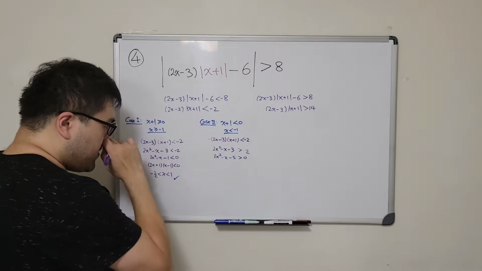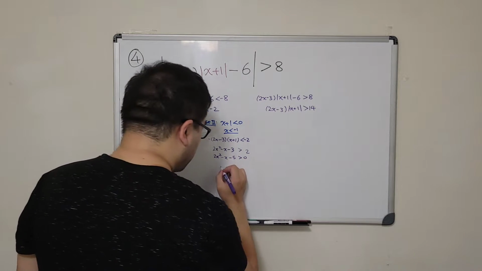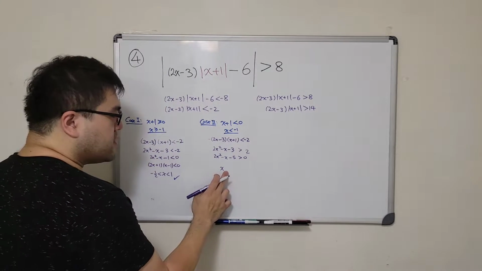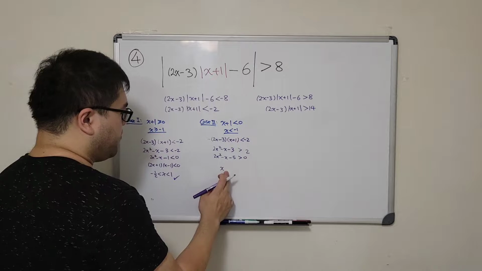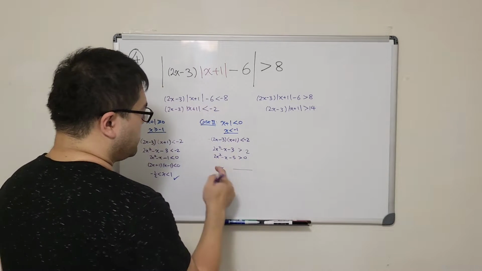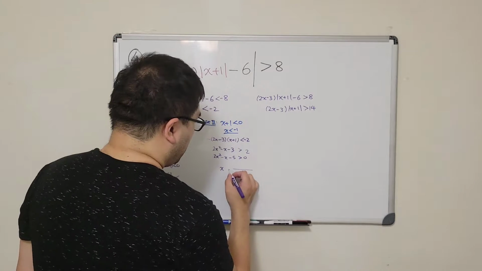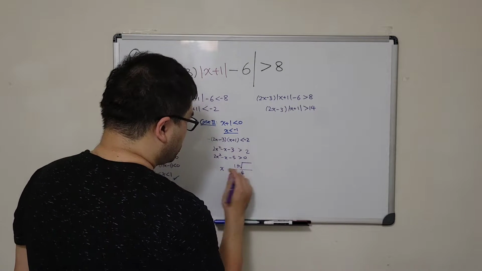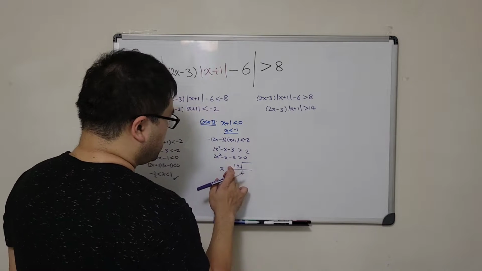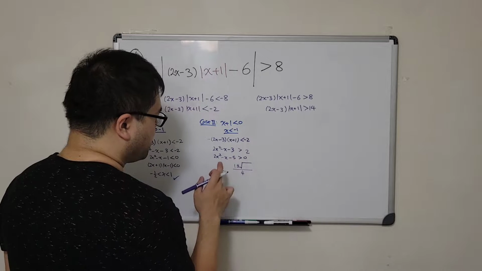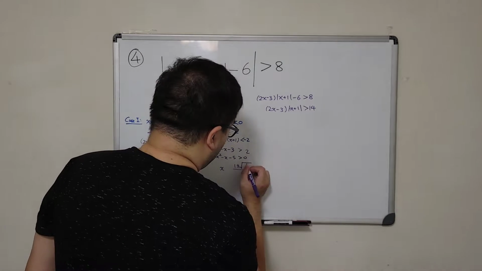So if we throw it back in, we have 2x squared minus x minus 5 is greater than or equal to 0. Now, we can just use the quadratic formula to find out, and I'm going to leave the sign for a moment before we fill in. So we use the quadratic formula, we get 1 plus or minus the square root of 1 squared, which is 1, plus 2 times 5 times 4, which is 40.